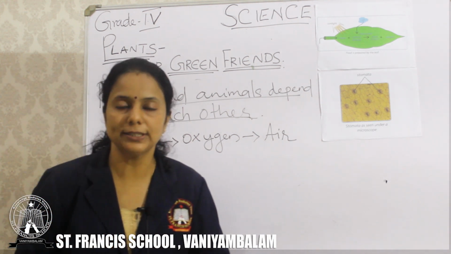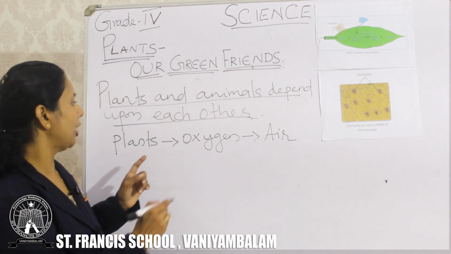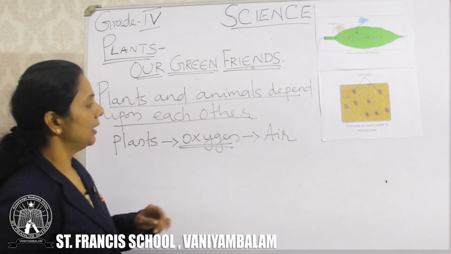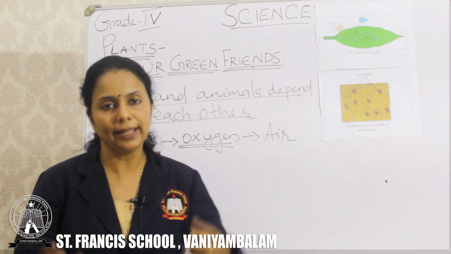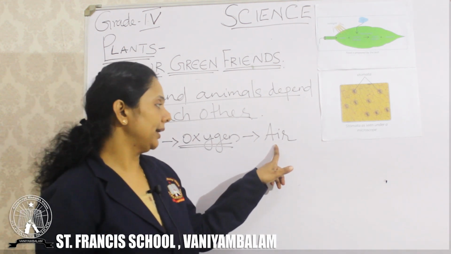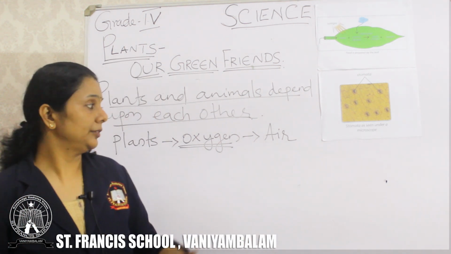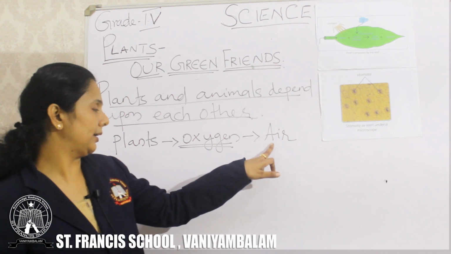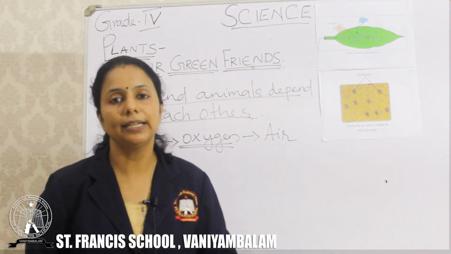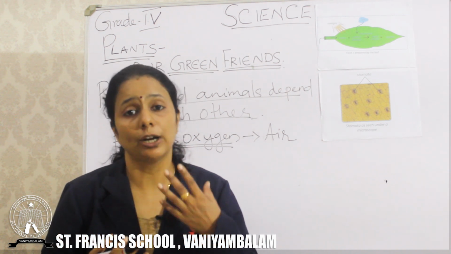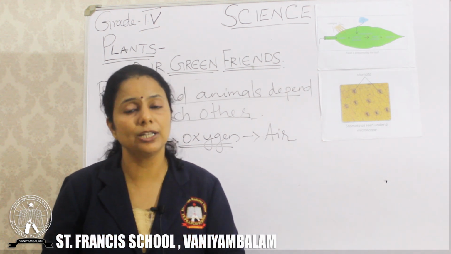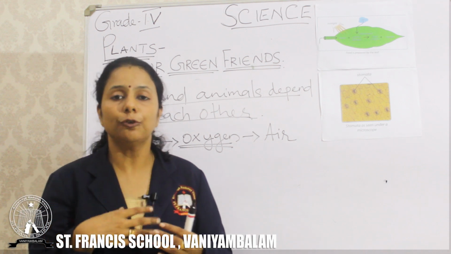So during photosynthesis, plants produce what? Oxygen gas, which is released into the atmosphere, into the outside air. This oxygen is needed for animals and human beings for our respiration. What is respiration? Breathing.